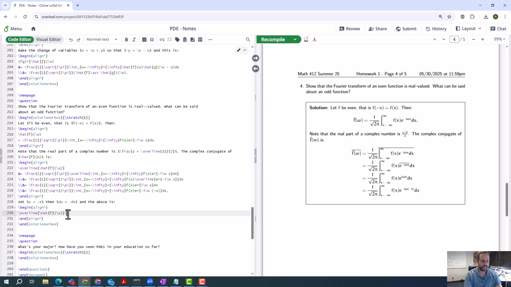And then what we get is the integral from u equals minus infinity to plus infinity of f of minus u times e to the minus i omega u du. And again, the limits should go from infinity to minus infinity, and that should be a minus du instead of du, but the minus from that causes the limits of the integral to be flipped.